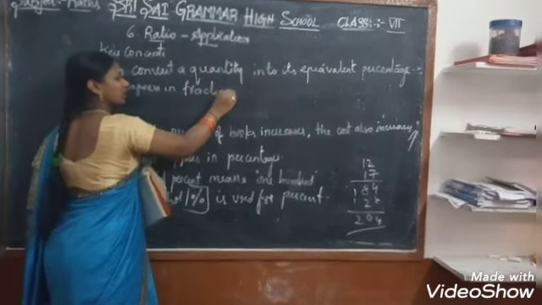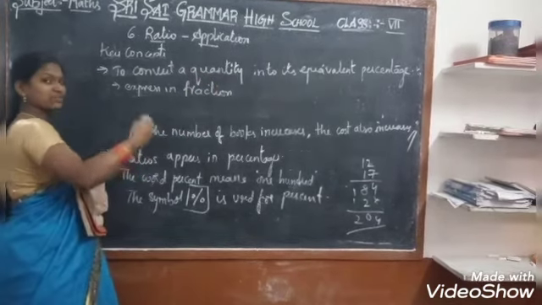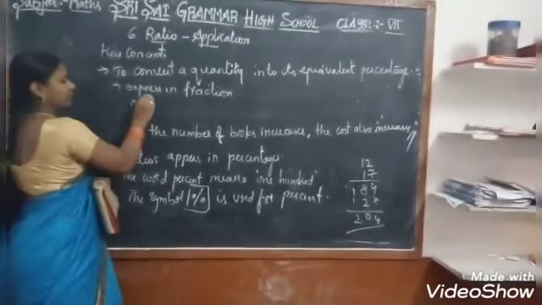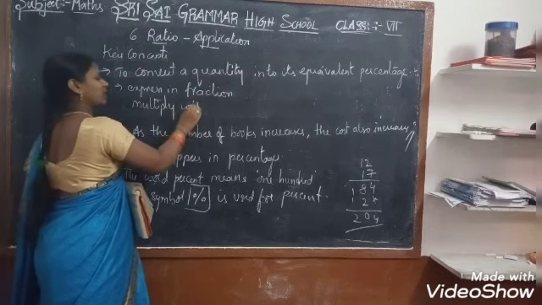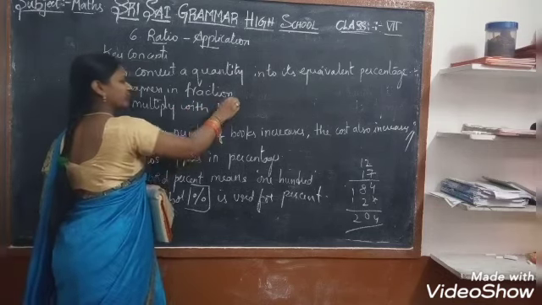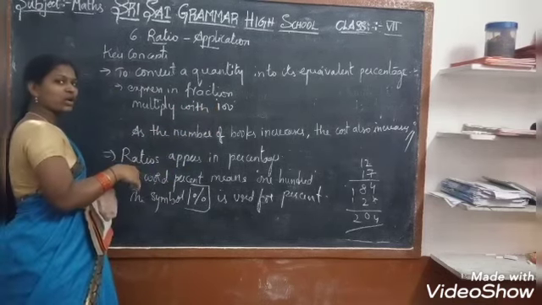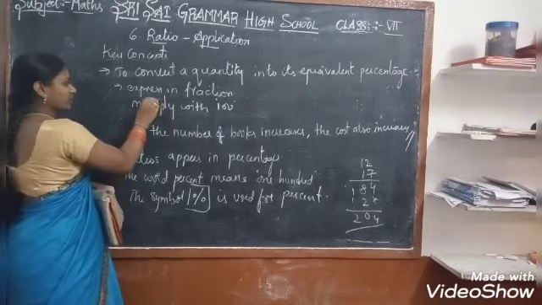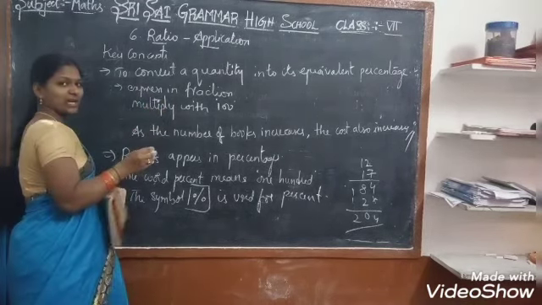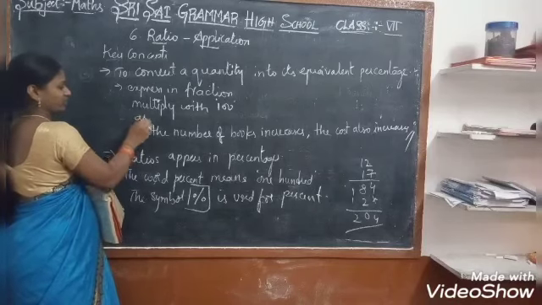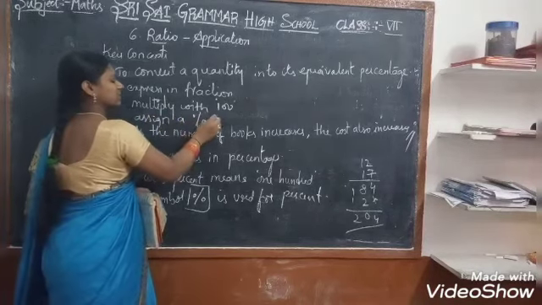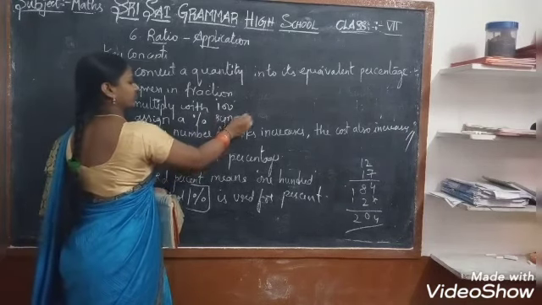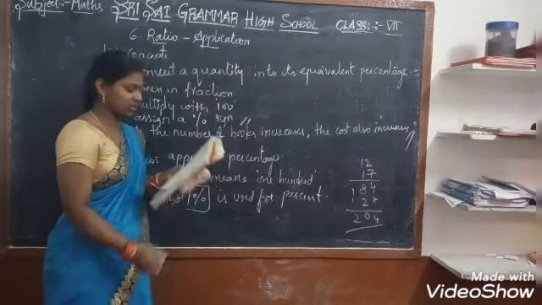After that we have to multiply with 100. Multiply with 100. Again we have to assign a percentage sign. Okay? Understood?